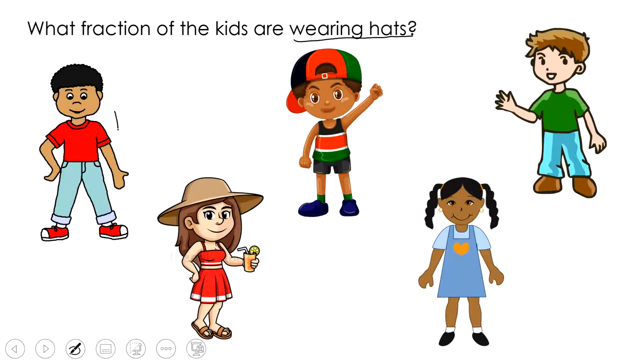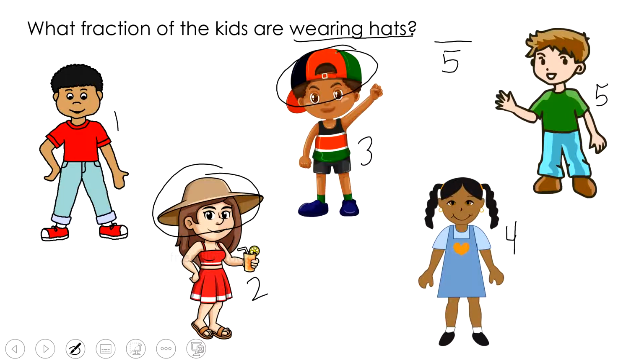I'm going to start and count my kids. 1, 2, 3, 4, 5. And that's going to be my denominator. So I'm going to put it up here. And then I want to know how many are wearing hats. So I see that I've got 1 hat here. And I've got 1 hat here. So that would be 2/5. So what fraction of the kids are wearing hats? 2/5 of the kids are wearing hats.